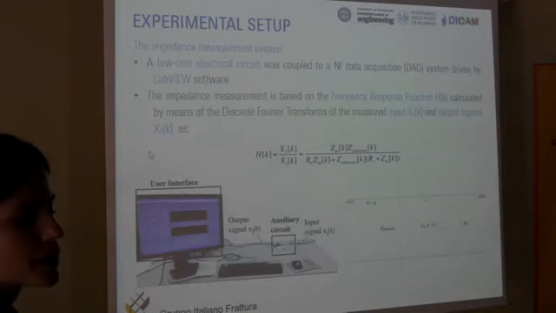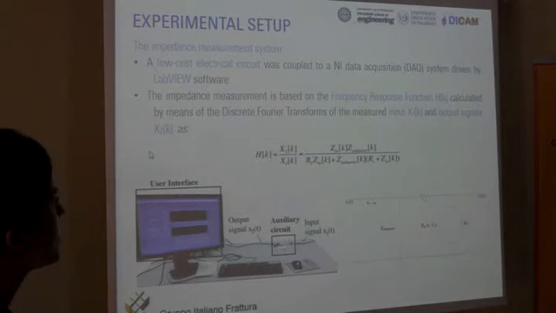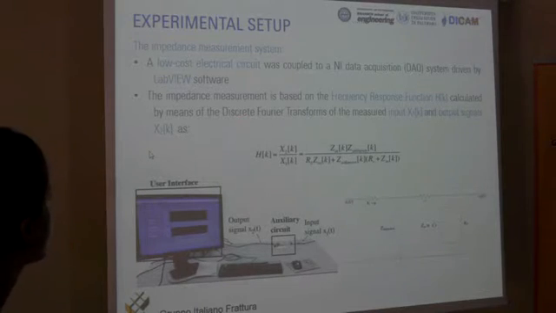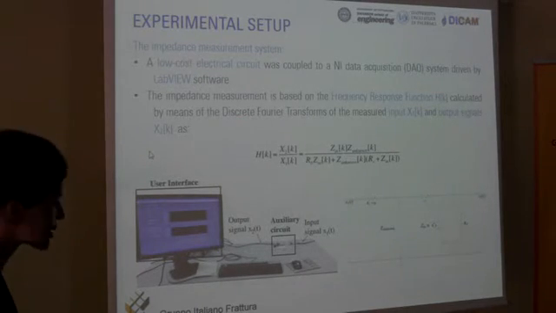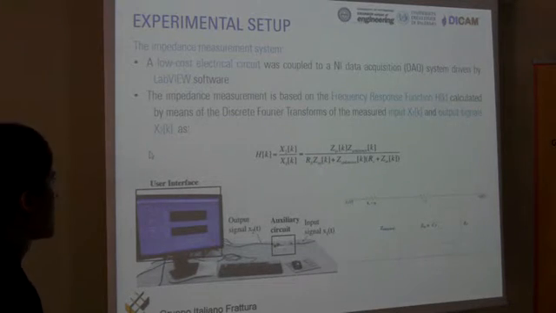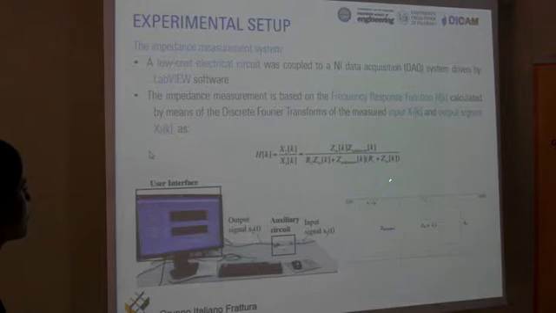Then we did the experimental validation of the problem. Just to mention, usually the impedance is measured by using some expensive device like an impedance analyzer or LCR meter, but in this study we used a very low-cost system that was constituted by an electrical circuit coupled to a DAQ acquisition system driven by LabVIEW software.